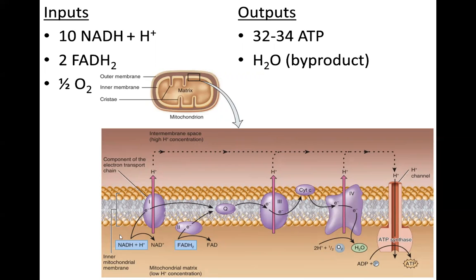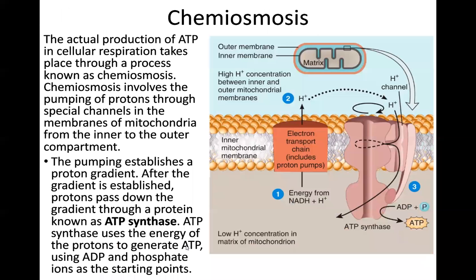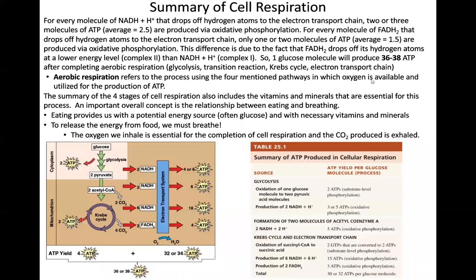Because when you bring it to the first stop instead of the second, you get more hydrogens into this space. Whereas if you're dropping them off later on down the line, you get less hydrogens into that space. So that's why FADH2 doesn't provide us with as much ATP as NADH plus H plus.